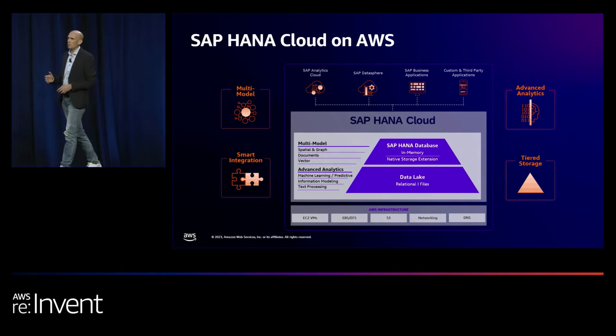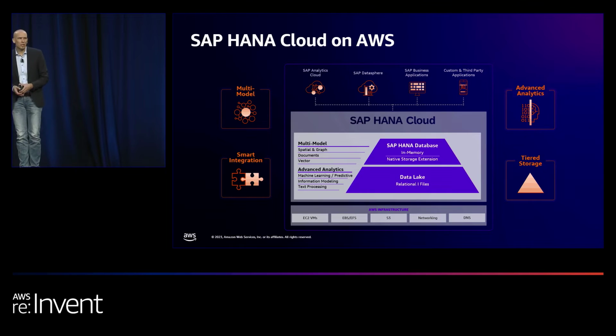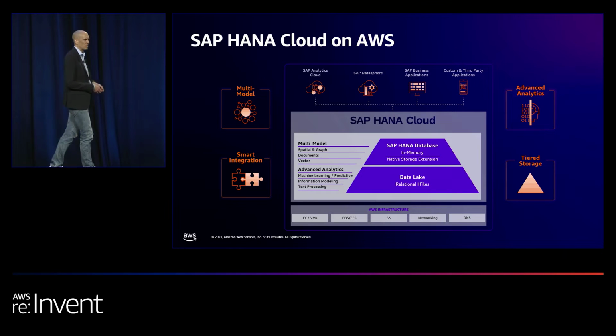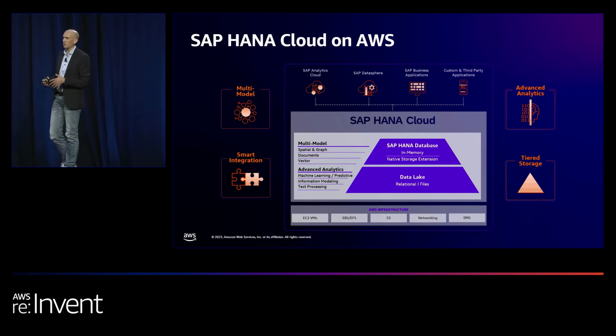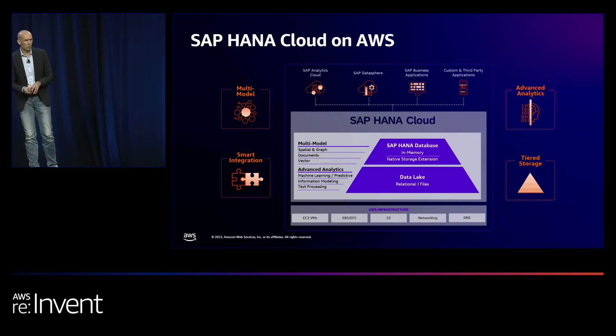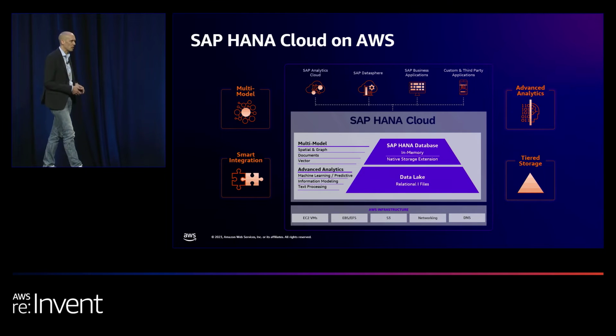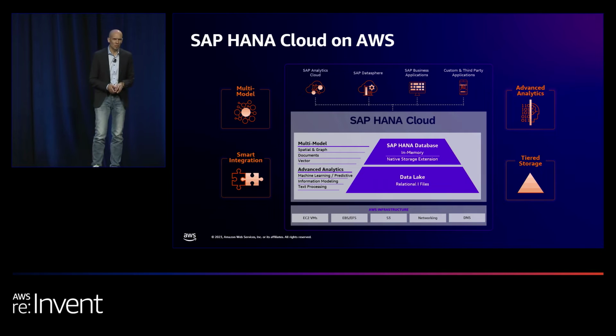Talking about that one, HANA Cloud is not only a relational database, as you might assume, but it's in fact a multi-model database, which means it has a relational engine in memory columnar, but also it comes with a spatial engine, a graph engine, a document store. And some of you might have seen the latest announcements just a couple of weeks ago when we announced the new vector engine, which is specifically relevant in the current ongoing dynamics around generative AI and large language models.